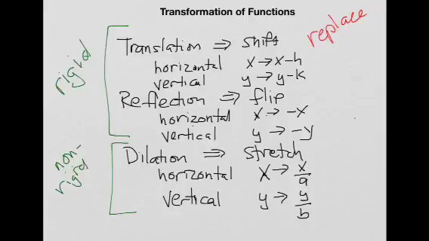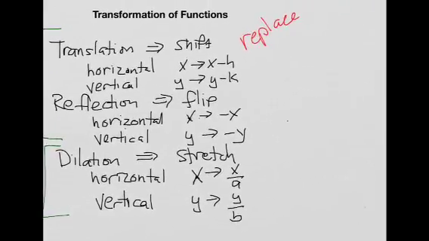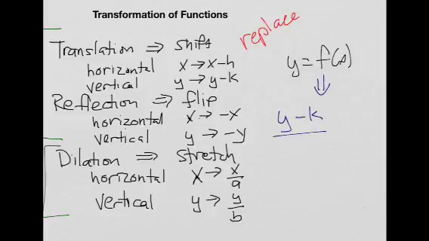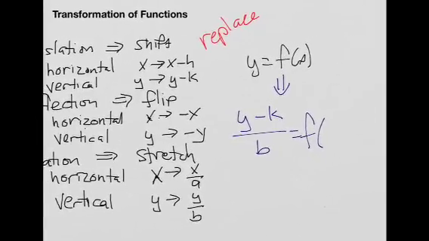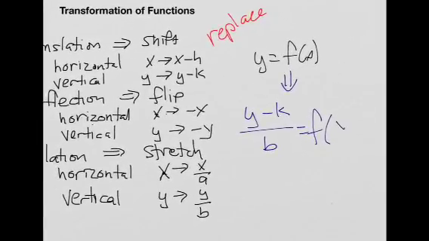When we put all of these together, we can make a kind of generalized form of our function. So if we started with y equals f of x, once we do all these transformations, we're going to end up with something that looks like y minus k all divided by b equals f of x minus h divided by a.